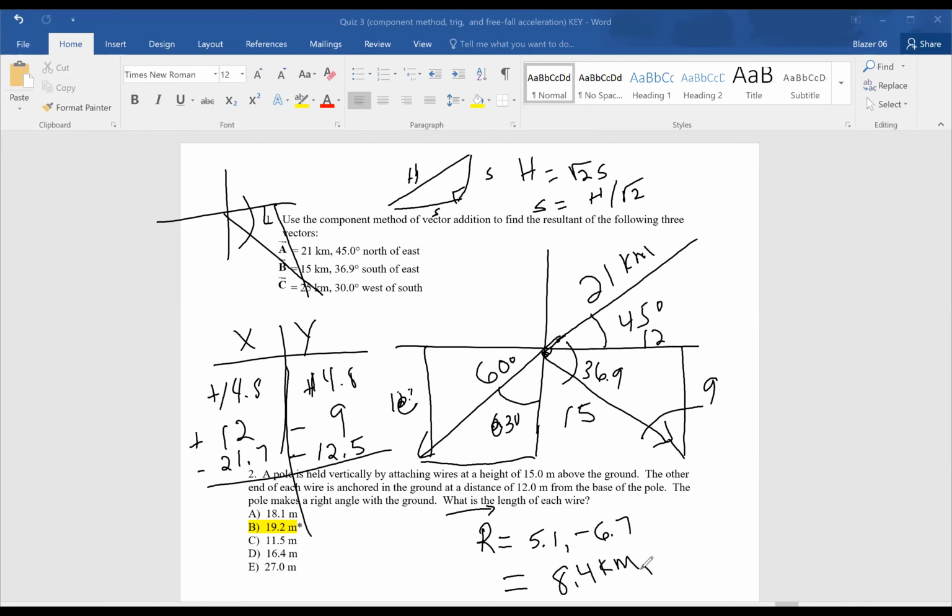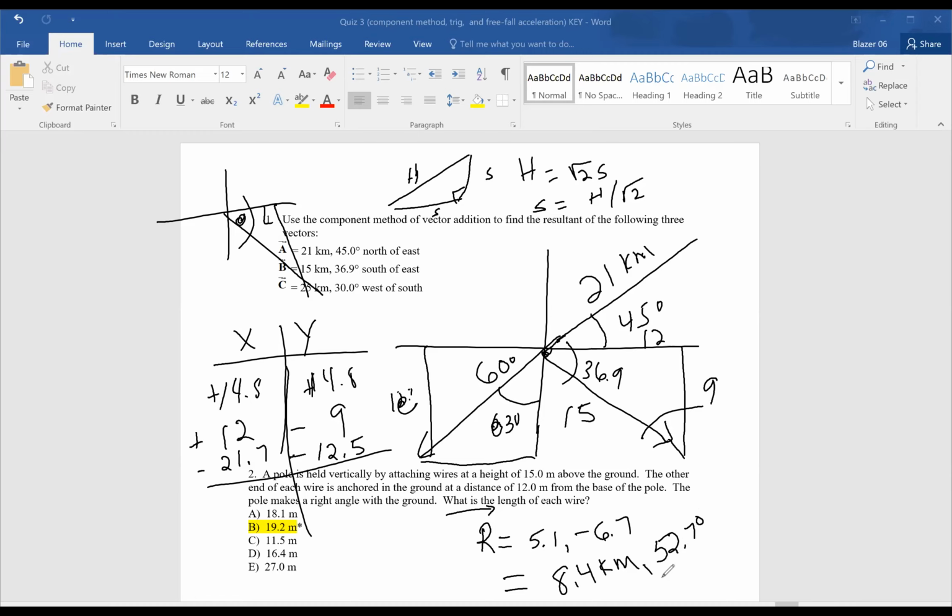Now, a vector has both magnitude and direction. So now I want to know, what is this angle? If I measure this angle, I would take, of course, inverse tangent of opposite over adjacent. And if I do that, I will get 52.7 degrees.